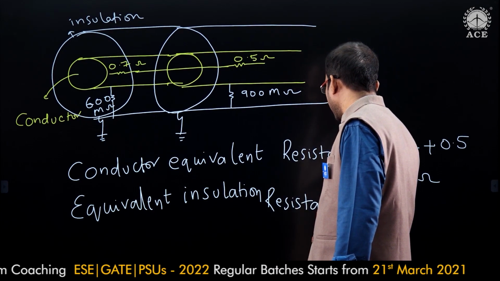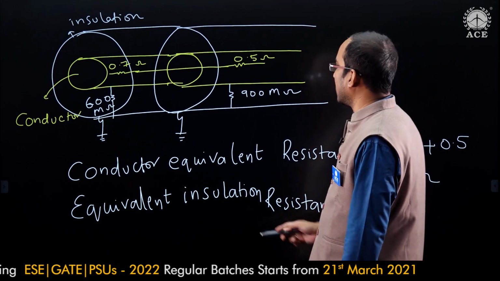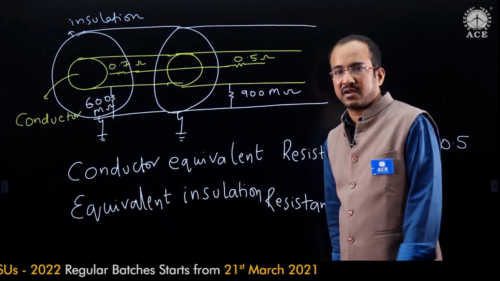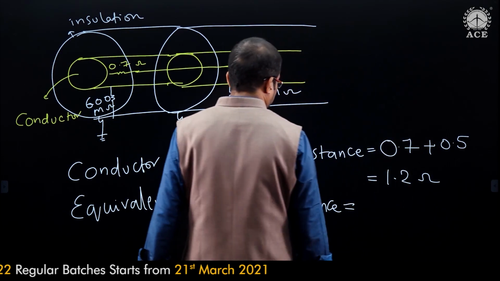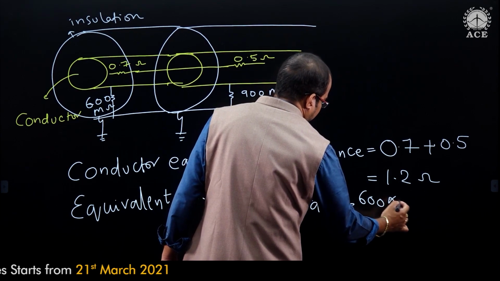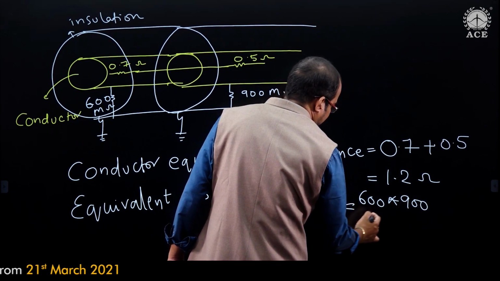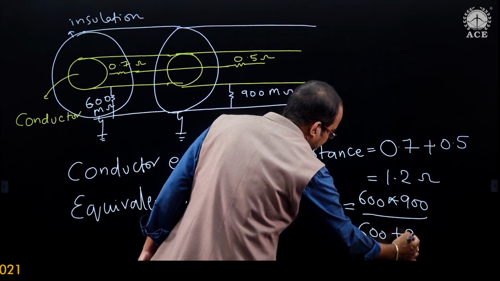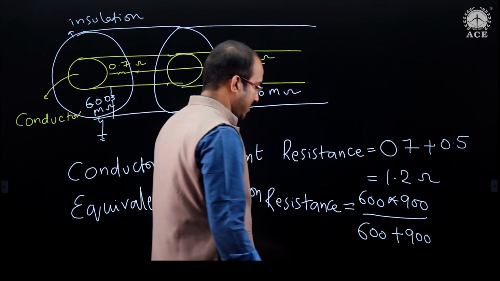So, 600 multiplied by 900 divided by 600 plus 900.